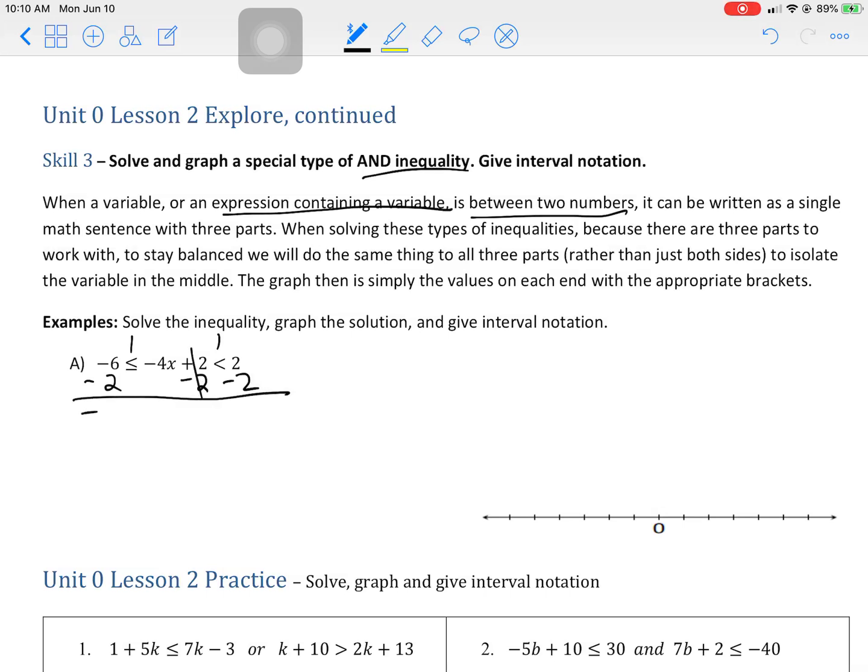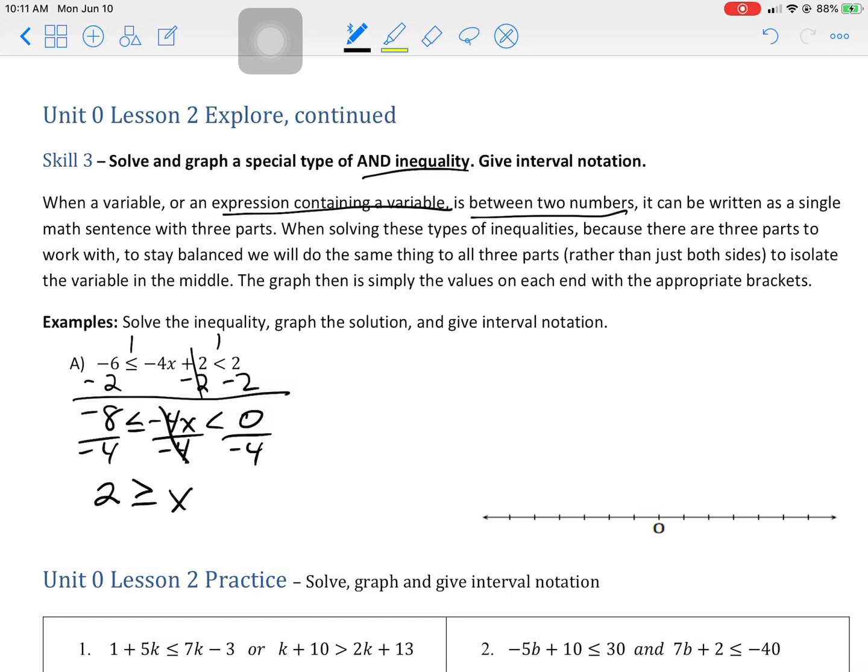So this is going to be -8 is less than the thing in the middle, and that's a 0. And then you need to divide by a negative. We're dividing by a negative while working with an inequality, which means we need to flip the symbols. So -8 divided by -4 is a +2. Less than turns into a greater than.